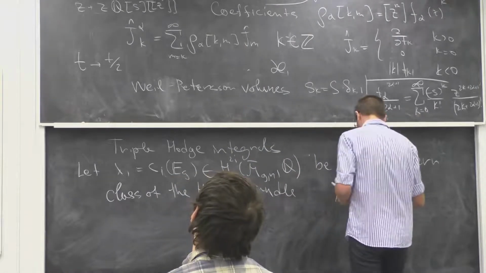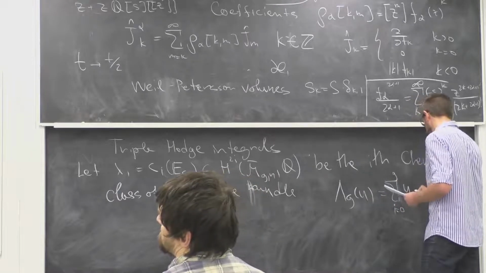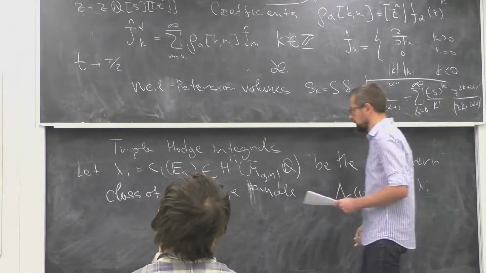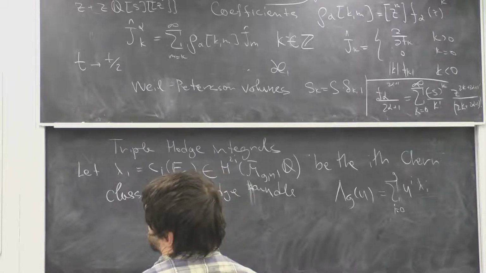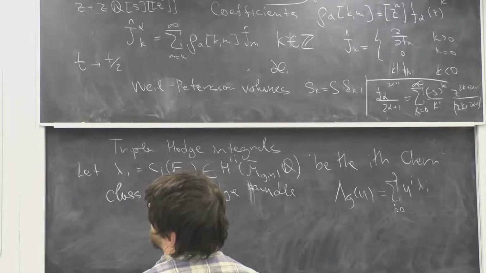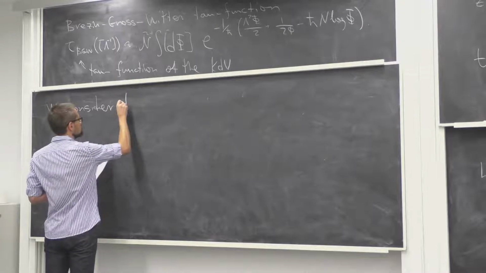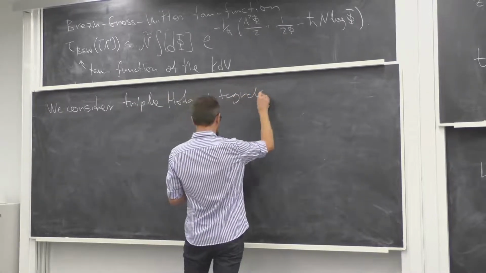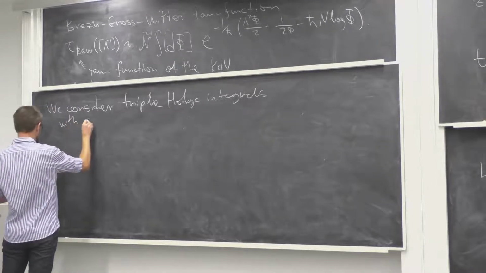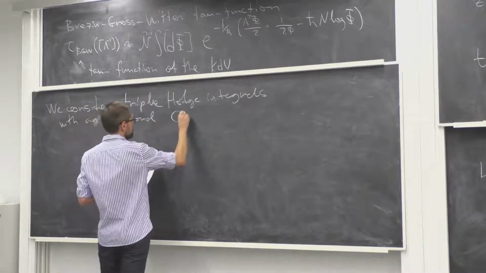G of u, sum from 0 to G, and we will consider triple quotient integrals with an additional column condition.